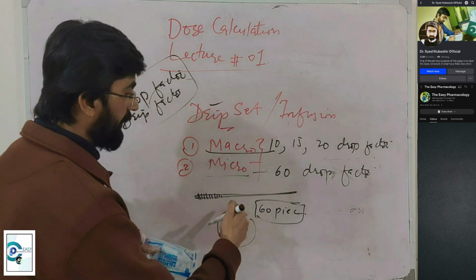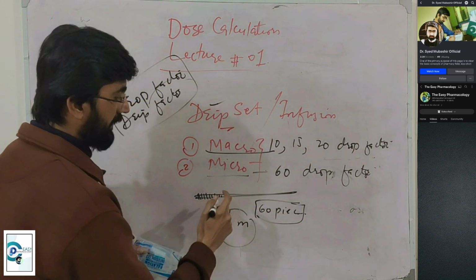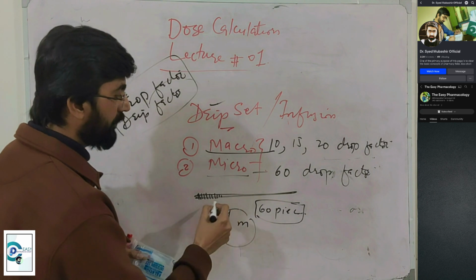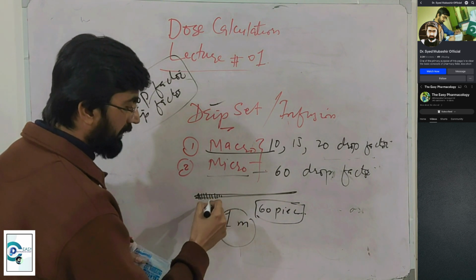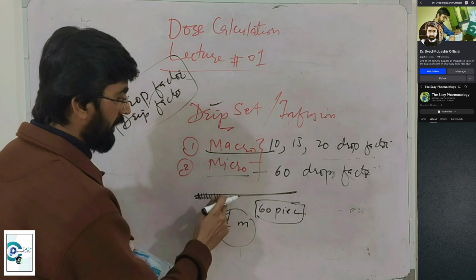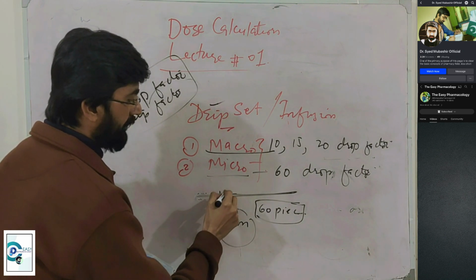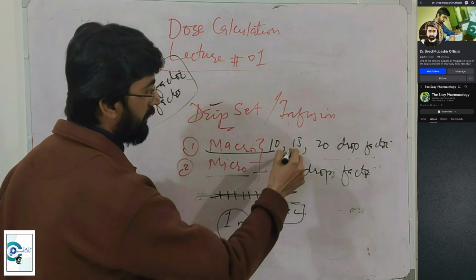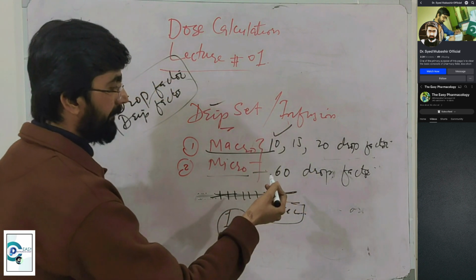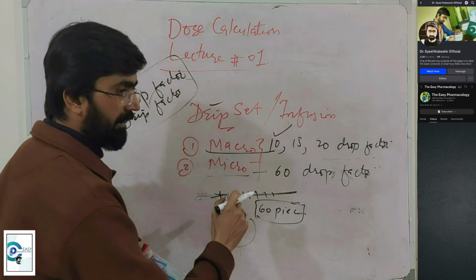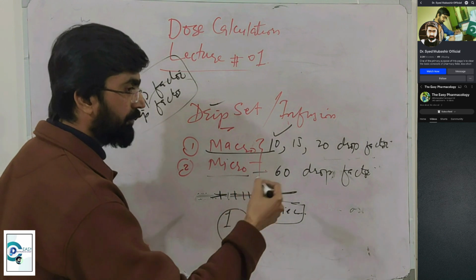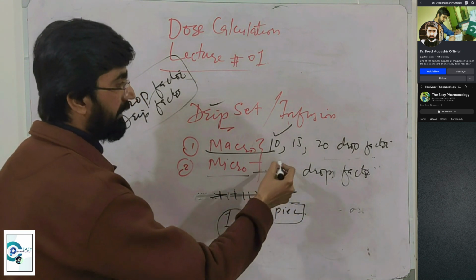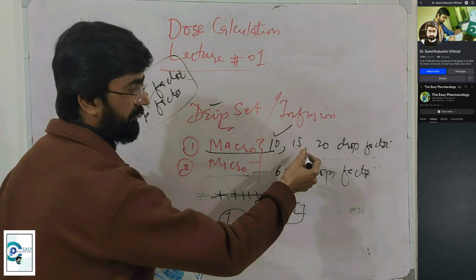Likewise, if I break this piece of stick into, let's suppose, a larger size, it might contain about 10 pieces. And if I break this piece into much bigger sizes, it might be 15.